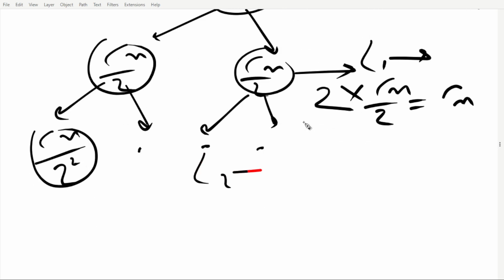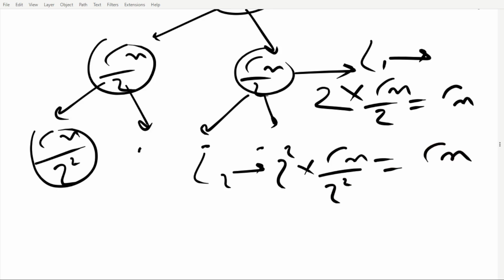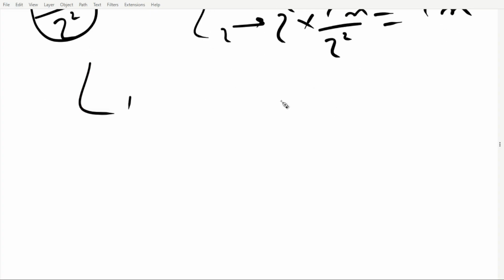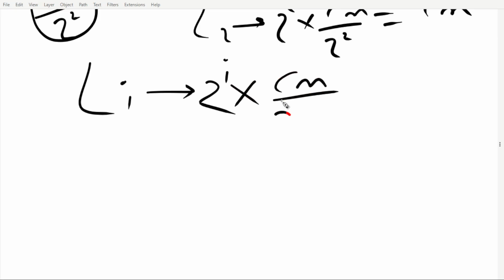Level 2 we have 2 square subproblems of cost Cn by 2 square, total again we get Cn. Continue like this. At the general level i, we can write 2 to the power i subproblems each having cost Cn divided by 2 to the power i, total we get Cn.